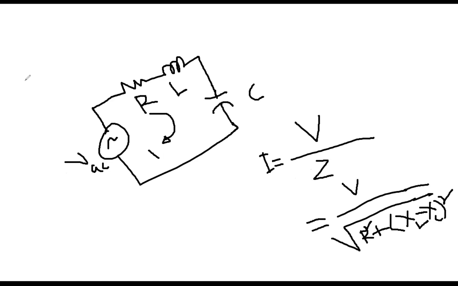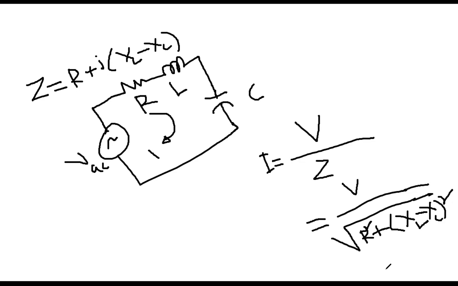You all know that for this circuit, we already wrote that Z is R plus j(XL minus XC). That was in complex form, but here I am using the magnitude. That's why I did not write the j: taking the magnitude, it is root over R squared plus (XL minus XC) squared.